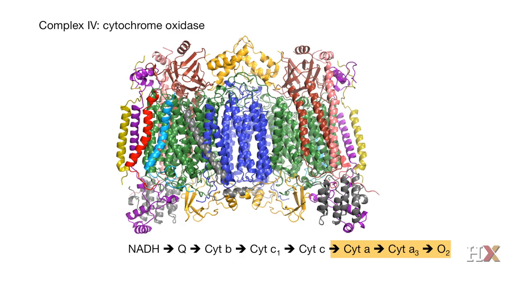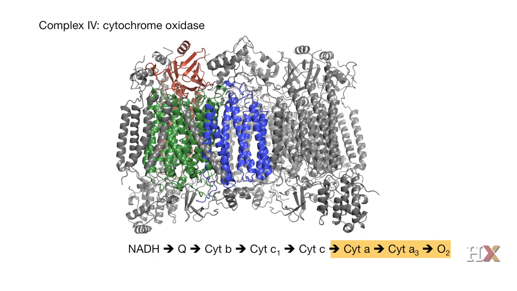And each monomer will contain 13 subunits. But we will focus on 3 subunits that are represented on this structure in color that represent the functional core of complex 4.